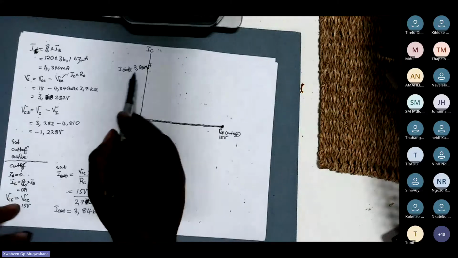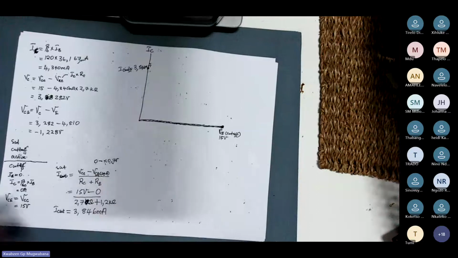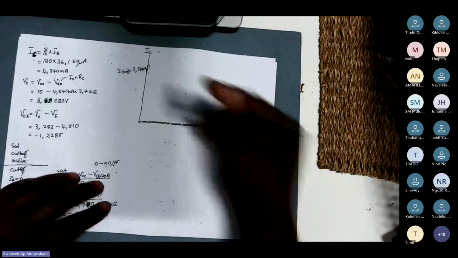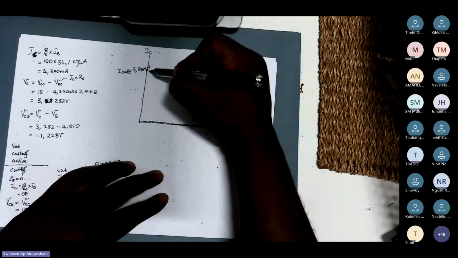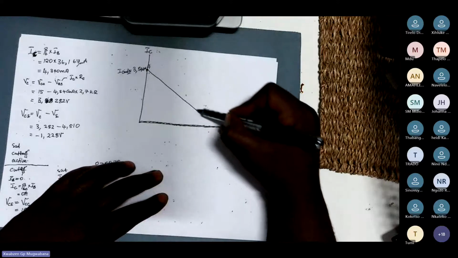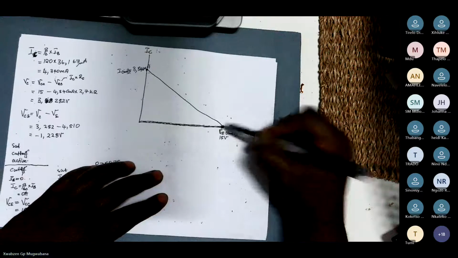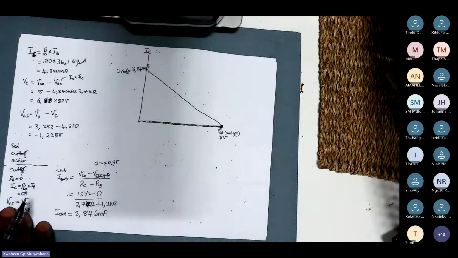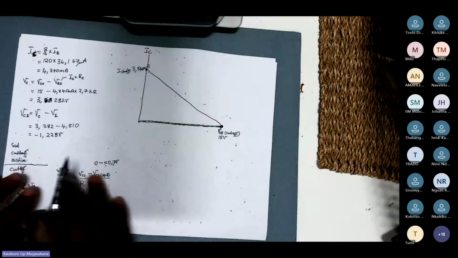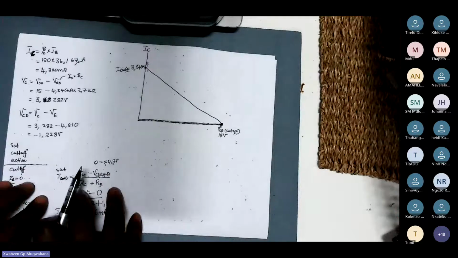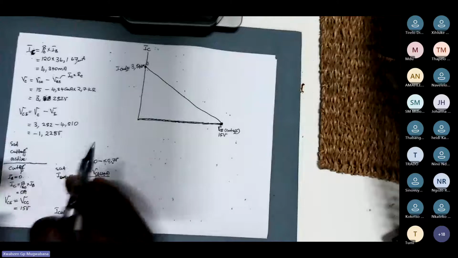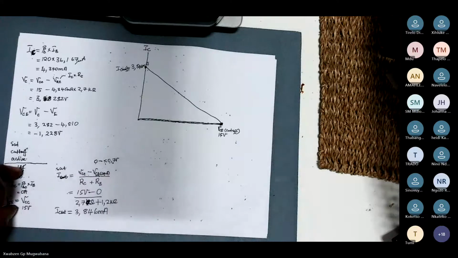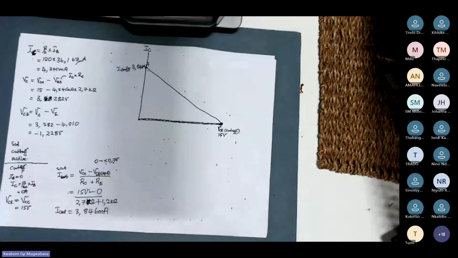Now, you have got I set and you have got cutoff. The 2 points, when you join the 2 points, I want you to listen to me very carefully. When you join the 2 points, can you see? Your I set and your cutoff, your saturation and your cutoff. When you join the 2 points, now you need to determine the active region.